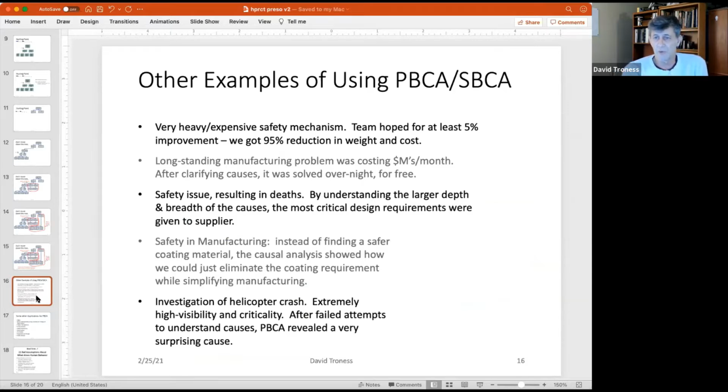In one case, a team had a very heavy and expensive mechanism designed to protect people, and the team hoped for a 5% improvement. We sort of set the bar higher and said, we want to do much better than that.